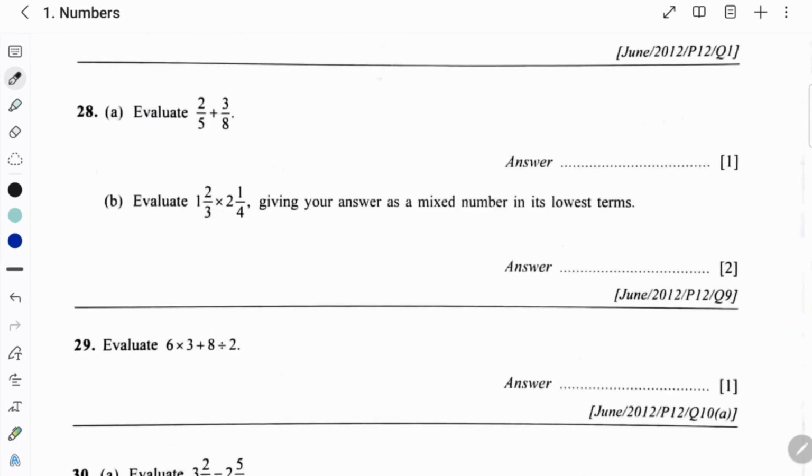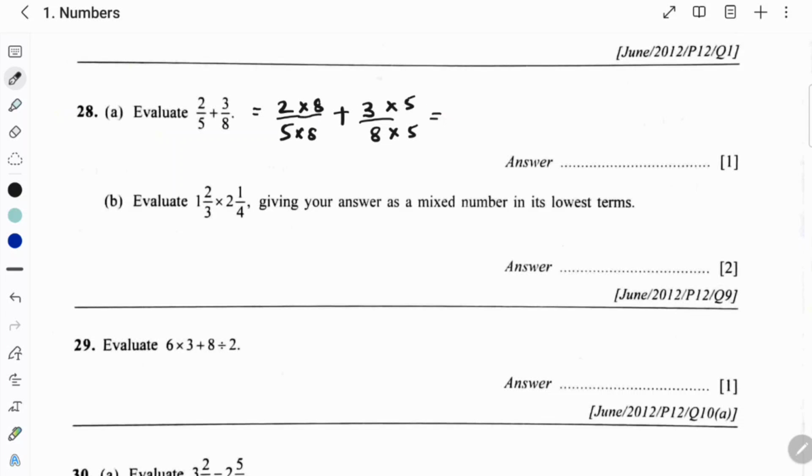Alright, this question: 2 upon 5 plus 5 over 8. So we'll make the LCM 40 over there. I'm doing this LCM only in plus and minus questions, not in division and multiplication questions, remember. So this 2 over 5 is multiplying with 8 and this 5 over 8 is multiplying with 5 to make the denominators equal.